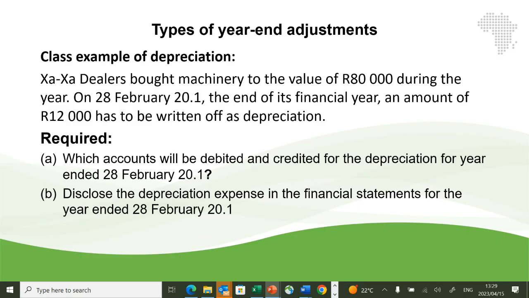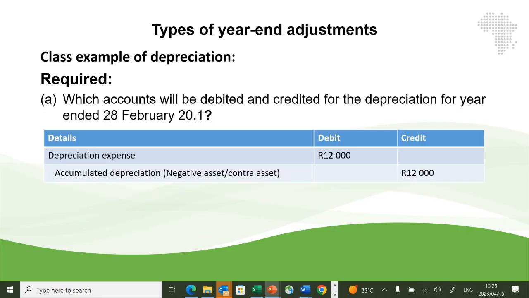So to recognize that this asset has lost value, where are we going to keep the record of all the value that it has lost over the years, which is depreciation? We're going to keep it in an accumulated depreciation account.